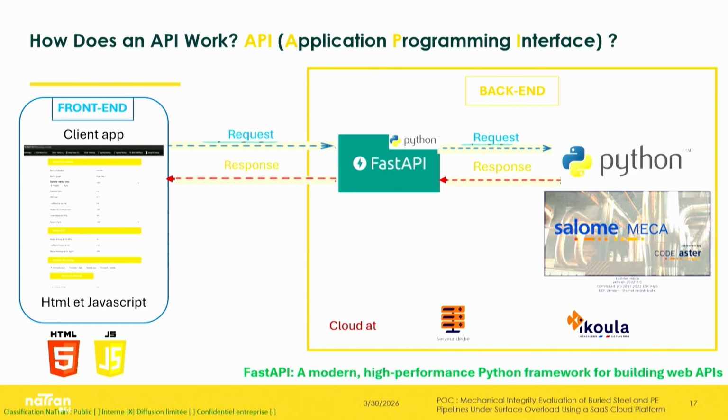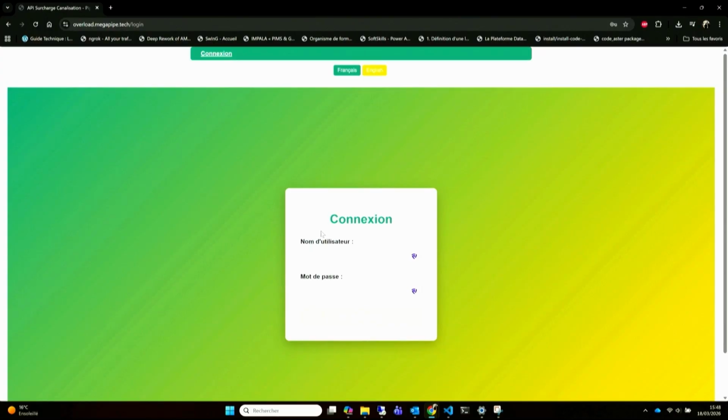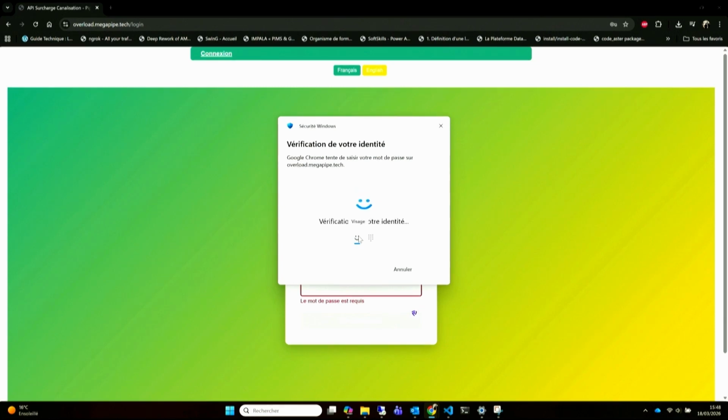This approach enables scale-up cloud computing and a clear separation between the user interface and the numerical simulation tool. I will show you a demonstration of the application, accessible via a standard web browser.